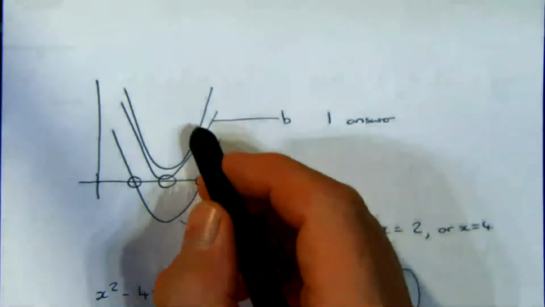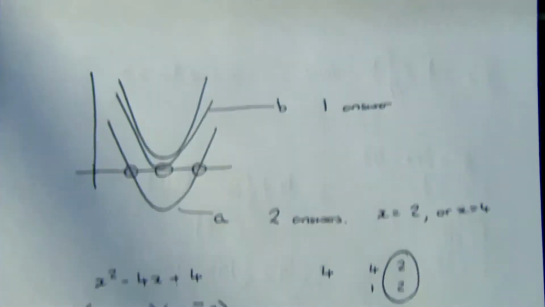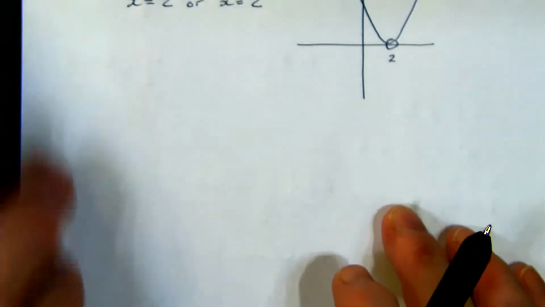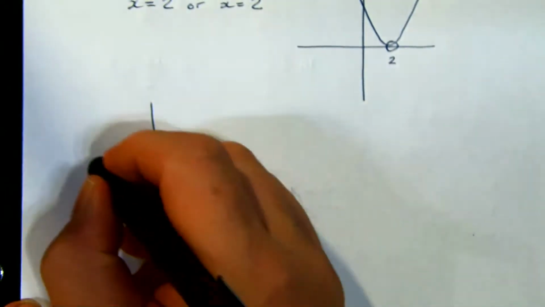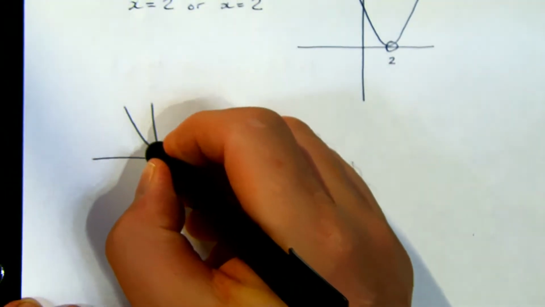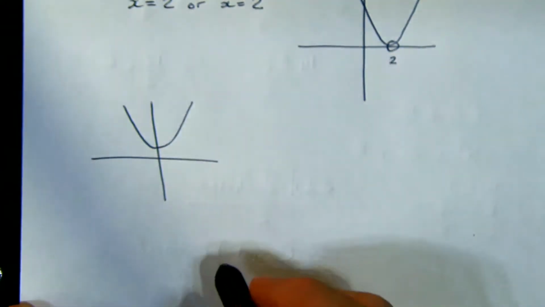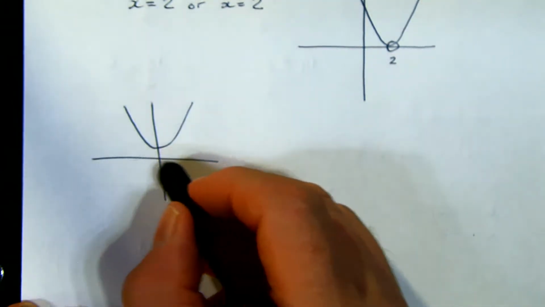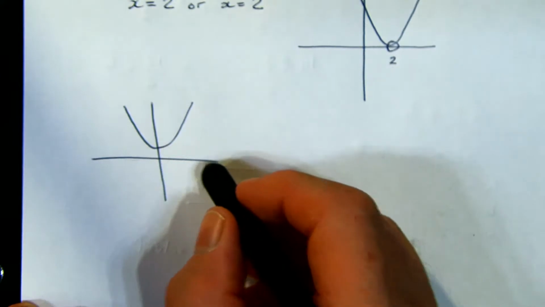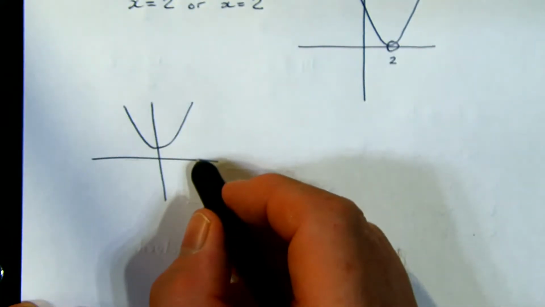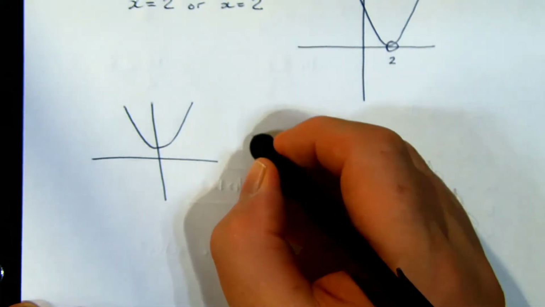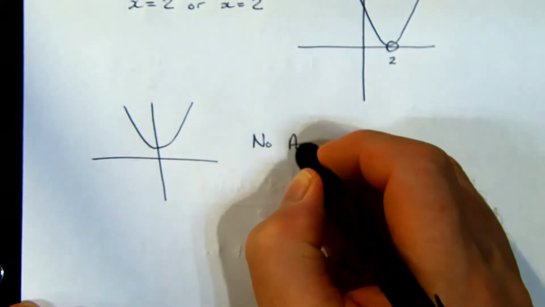And then for the other one that I tried, we had a peculiar system. This is my graph, and it doesn't cross the x-axis. And if it doesn't cross the x-axis, then there are no answers.